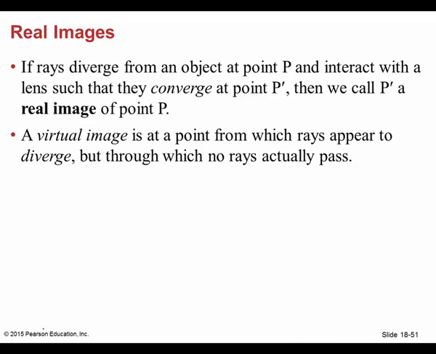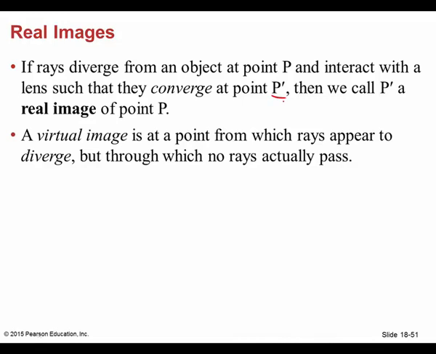Now, what do we mean by a real image? Well, we always teach this in physics: a real image is an image where the rays, when they interact with a lens, converge at the image point, okay?